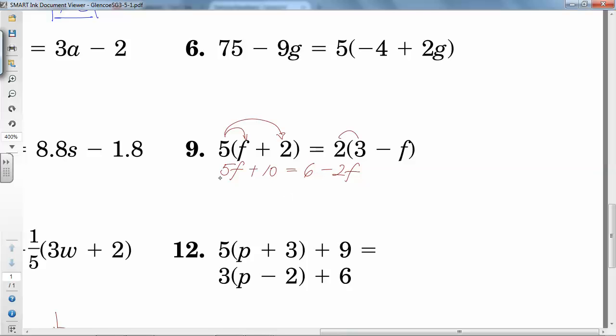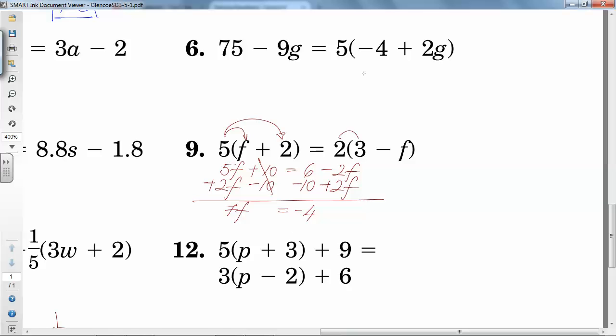I will keep my f's on the left, which means add 2f to the right, add 2f to the left. Take this 10 away from here, take this 10 away from the right side. 5f plus 2f, 7f, 10 minus 10, 0, equals 6 minus 10 would be negative 4.